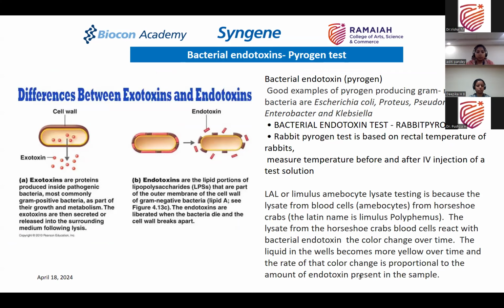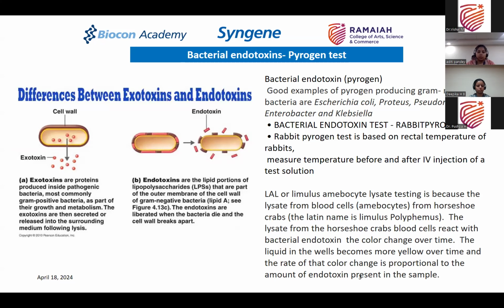What are these endotoxins? These endotoxins are nothing but the lipopolysaccharide, which is present especially in gram-negative bacteria.